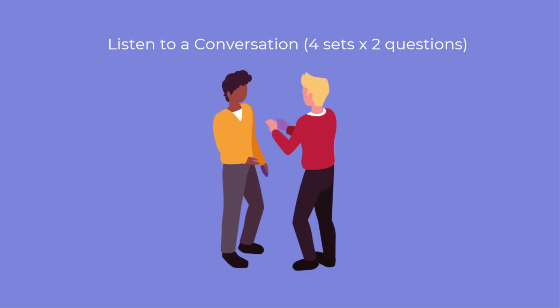Next up, I got the listen to a conversation type question. I got 4 separate conversations, and each conversation had 2 questions. The conversations were very short, just 3 or 4 lines, maybe a minute and a half in total.